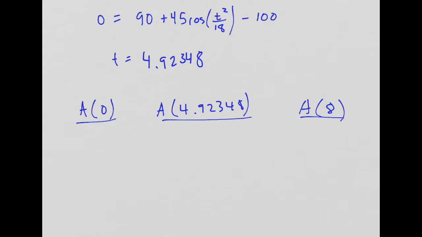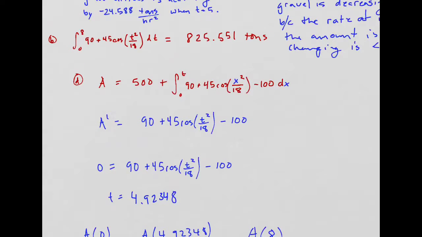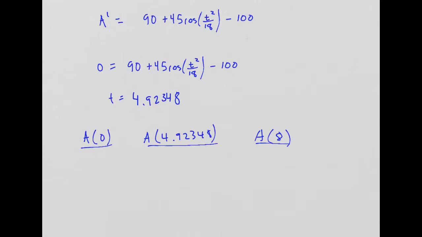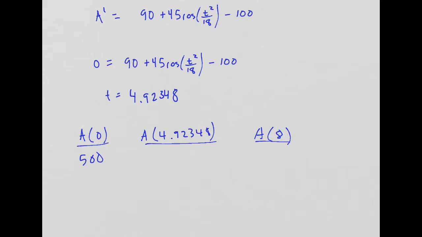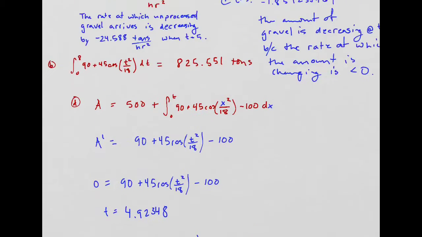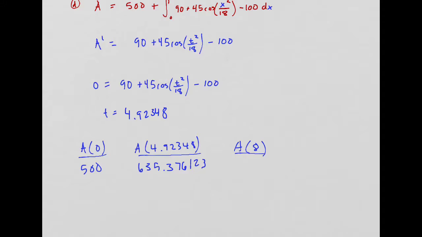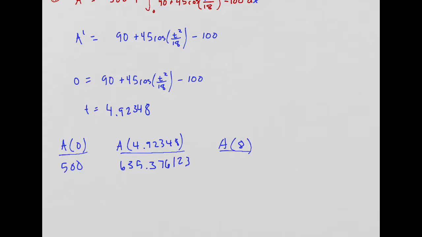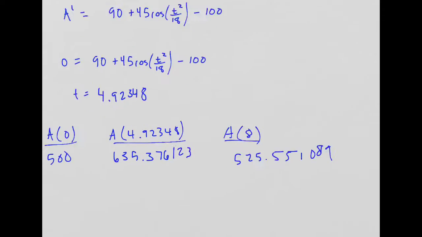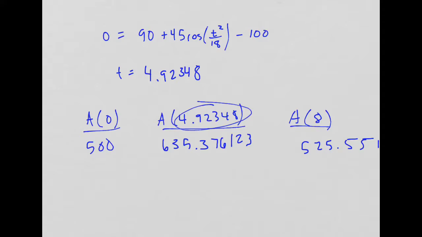A of 0, that's just when I plug in 0 here, so the integral would be nothing, and we just have 500. Then we plug in 4.92. I had to do 500 plus this integral. Don't forget that 500. And it's 635 and change tons. And then we plug in 8 and we get 525.551089. So our maximum definitely occurs just before 5.